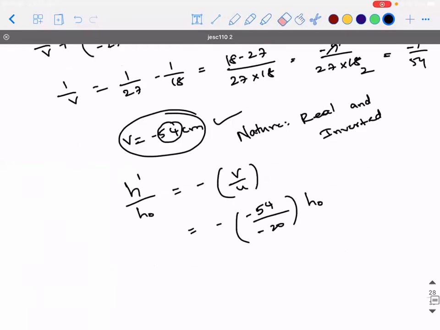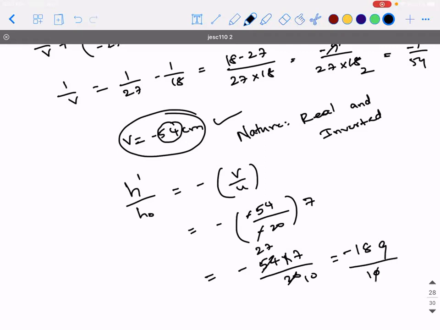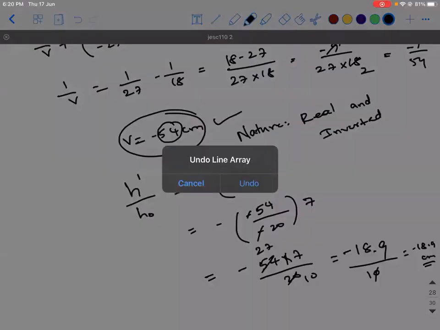H naught is how much? 7. So minus and minus will get cancelled. Minus 54 into 7 divided by 20, or this will go 27 times and this will go 10 times. 49, 4, 189 divided by 10. So it is going to be minus 18.9 centimeter. The negative sign here indicates that the image is inverted.